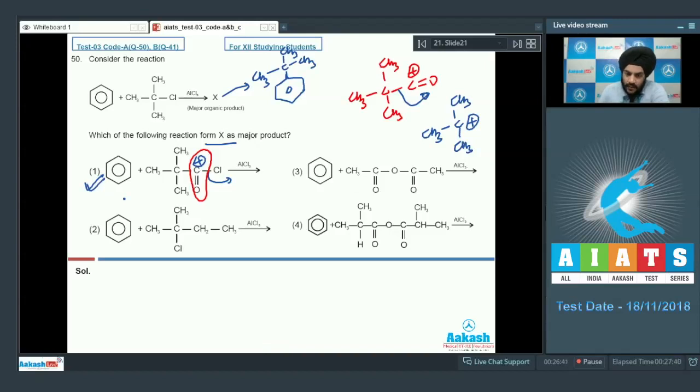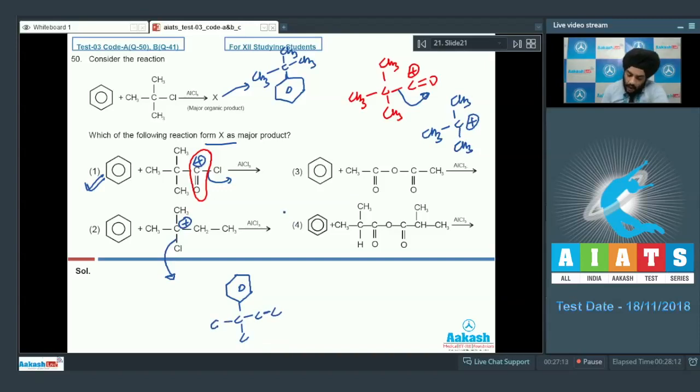Let us look at option 2 now. So in option 2 we have again alkyl chloride and then AlCl3. So this AlCl3 is going to extract this chlorine. It is going to lead to the formation of a carbocation here. And then this electrophile which is generated shall attack the benzene ring and lead to the formation of this species.